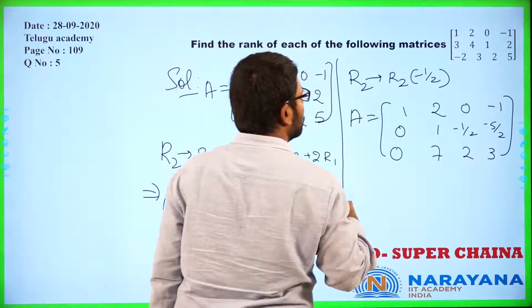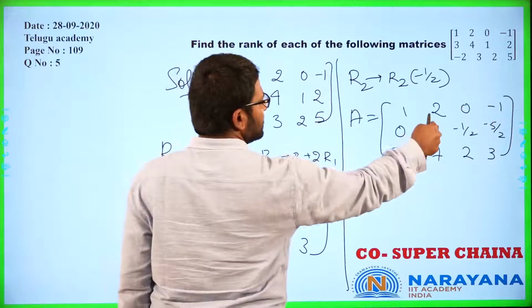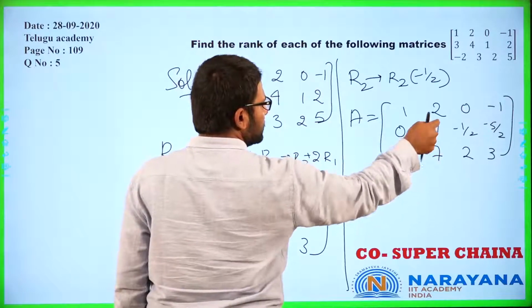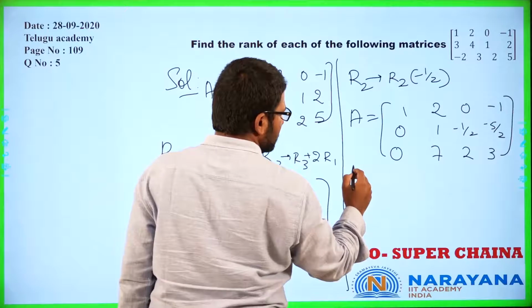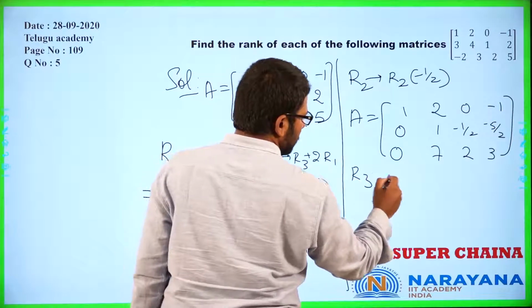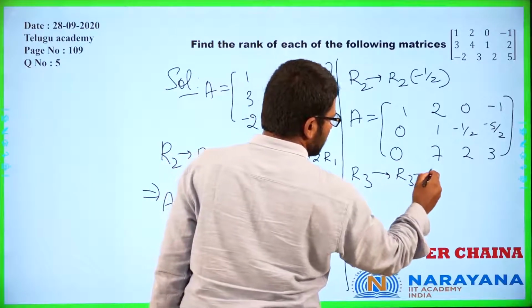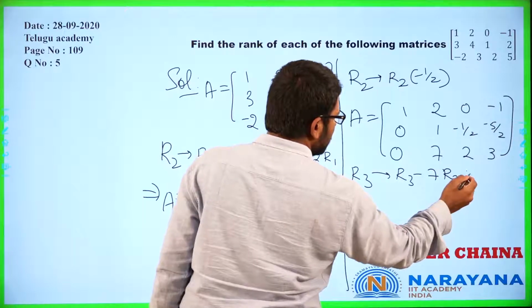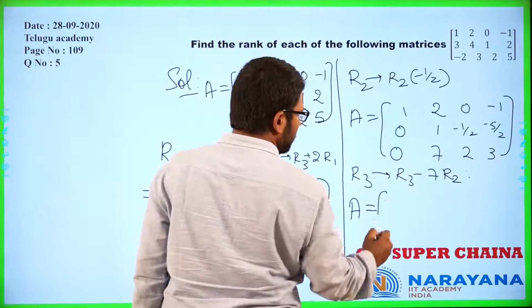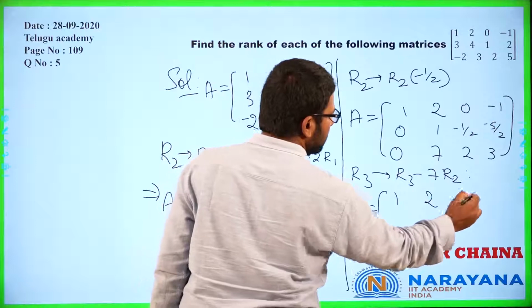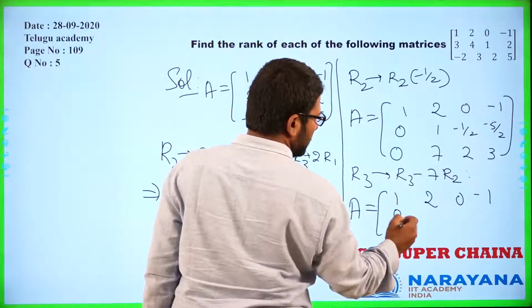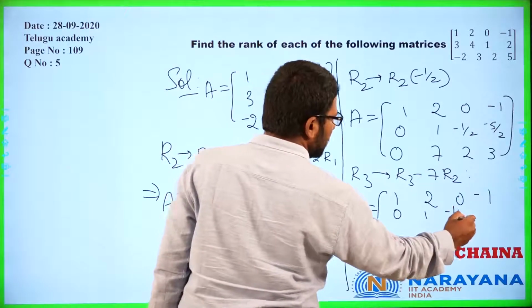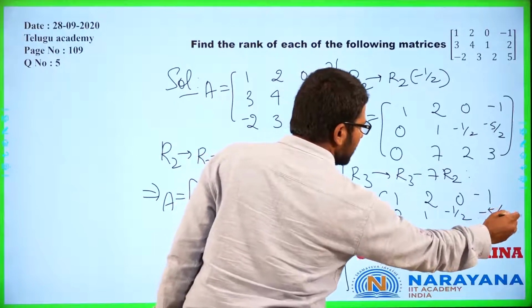Now 7 minus, see this is 1, no? So I can make this 0 using this element. How do we do that? R3 goes to R3 minus 7R2. Then A would be 1, 2, 0, minus 1, 0, 1, minus half, minus 5 by 2.